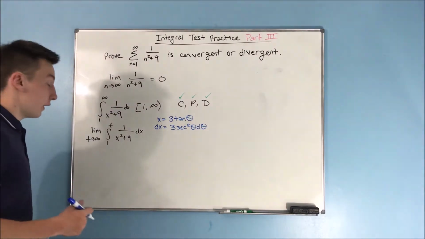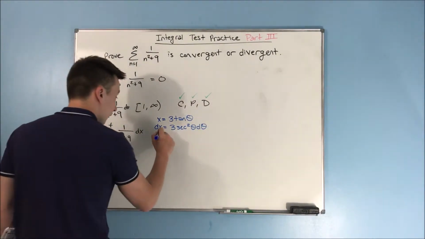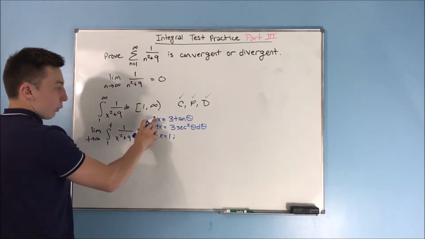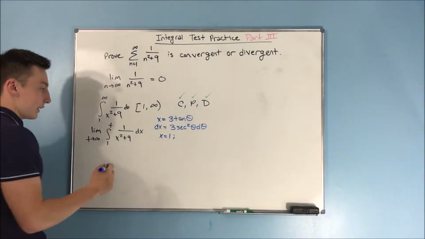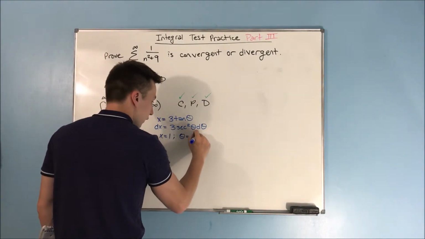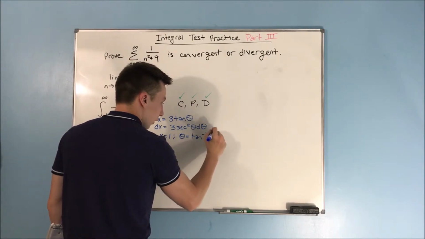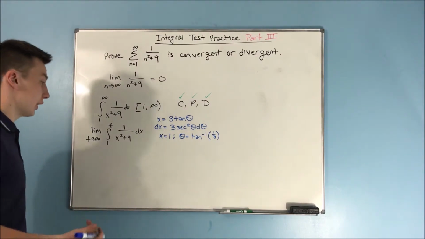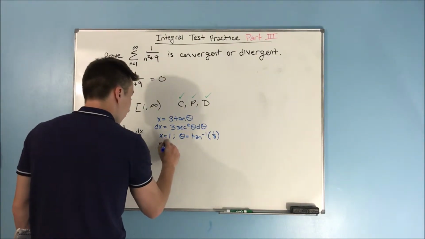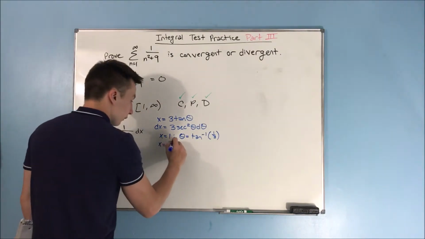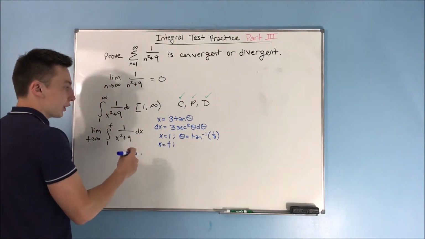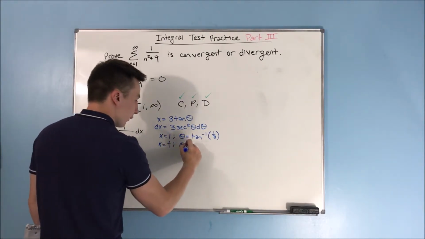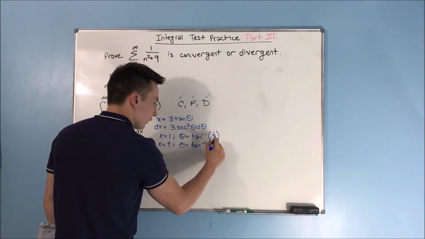Now we need to figure out our bounds. When x equals 1, we have 1 equals 3 tangent theta, so theta equals tangent inverse of 1/3, which we're not really sure what that is, but you're going to see later that it doesn't actually matter. When x equals t, theta equals the tangent inverse of t over 3.